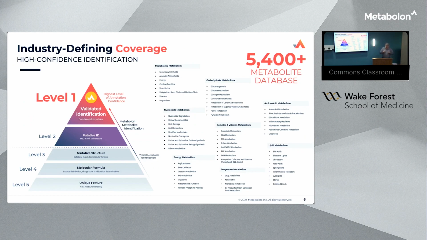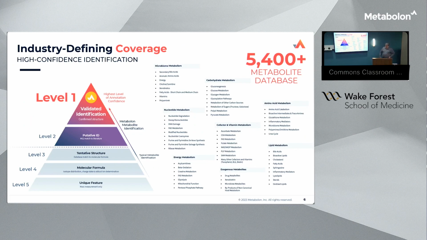On the right-hand side is another part of our philosophy. It's just not to give you a list of metabolites and say, there you go, figure out where that fits into the biology. Each of the metabolites that we identify is immediately put into a subcategory and a supercategory on the basis of chemical ontology, to say where do they belong, right?